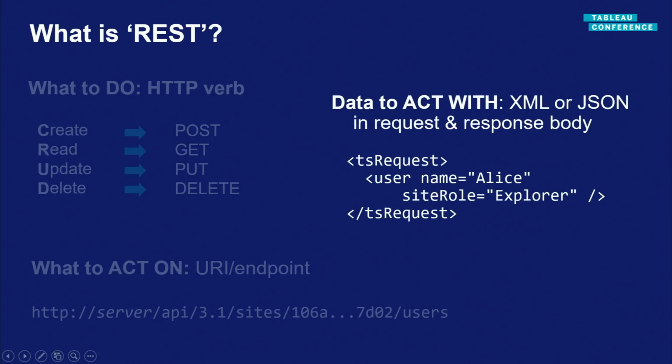There's also optional payload data that you can provide for the HTTP request, especially for POST and PUT requests, where you need to provide the actual payload to let the server know what kind of data you want the server to take in. It could be in XML or JSON. As you can see here, we are providing a user object named Alice, and the site role is Explorer.